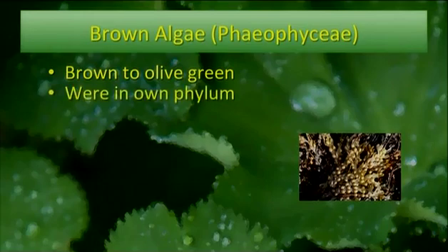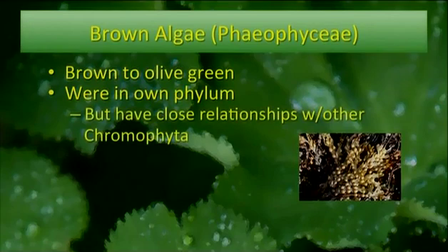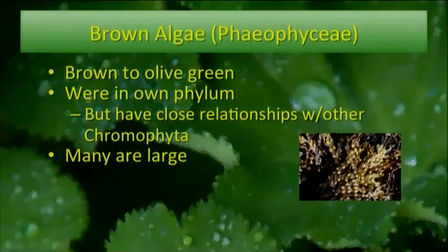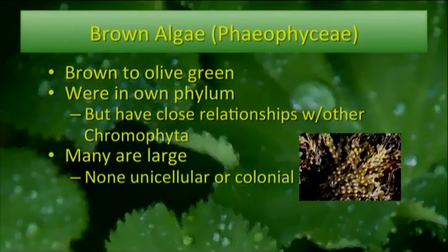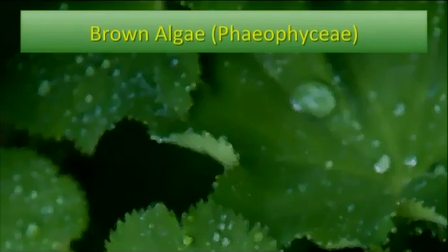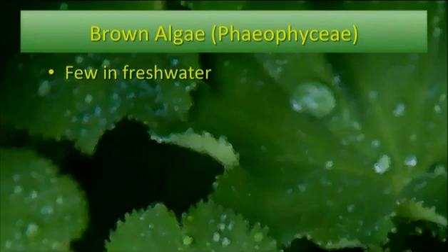They, like I said, were in their own division or phylum before, but they do have close relationships with others of the Chromophyta, including the diatoms, okay? Many of them are very large. Okay, none of the brown algae are unicellular or colonial. They're all macroalgae. Okay, there are only a few in fresh water.